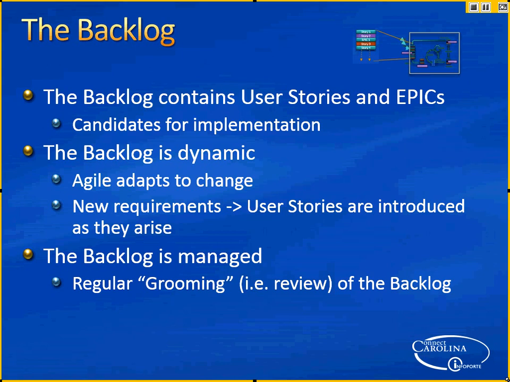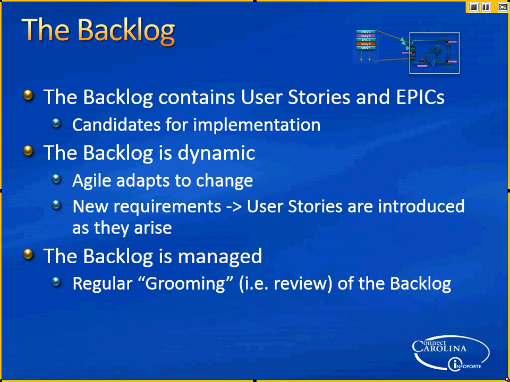So the backlog, again, has user stories and some epics that are candidates for being implemented. It's dynamic. Remember, we say change is good. So a story may be modified, a new story may come in, stories may go away. Guess what? We changed our mind. We don't need this.